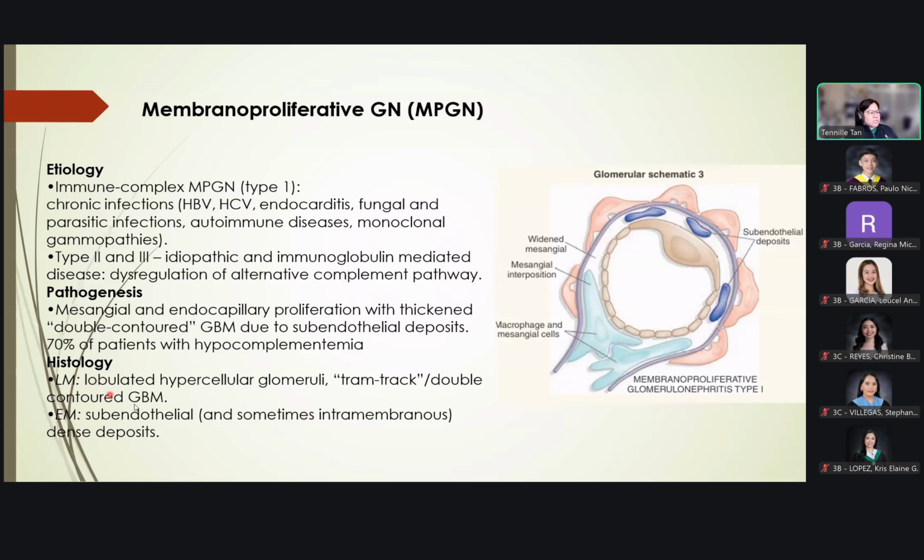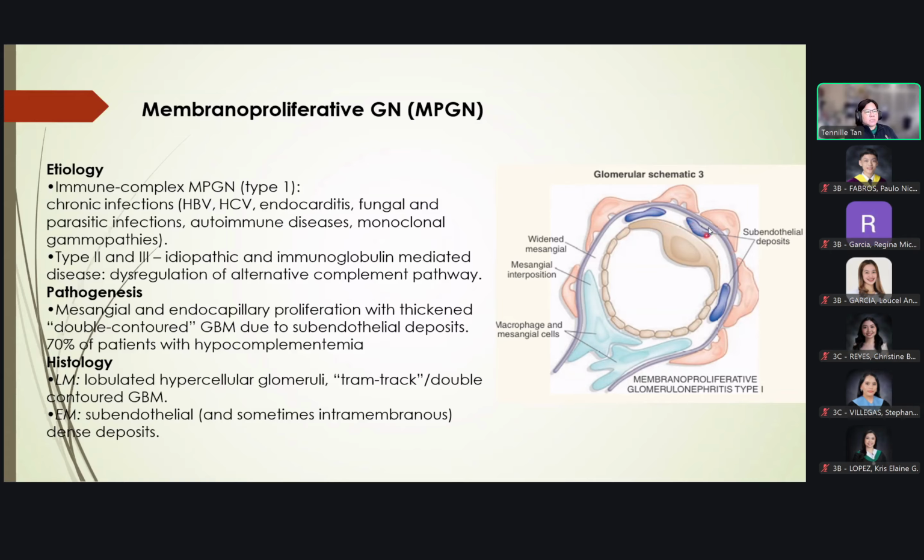On light microscopy, you'll see lobulated hypercellular glomeruli, or what we call a tram track or double-contoured glomerular basement membrane. And for electron microscopy, you'll have subendothelial and sometimes intramembranous dense deposits. Here, the tram tracking is not seen in this illustration.